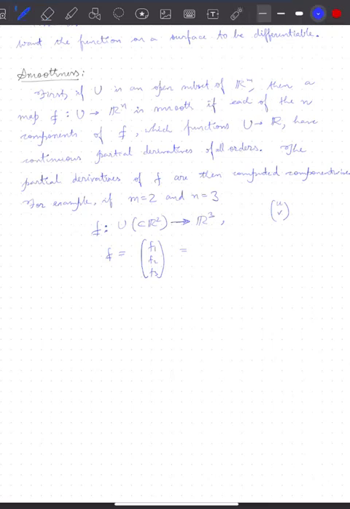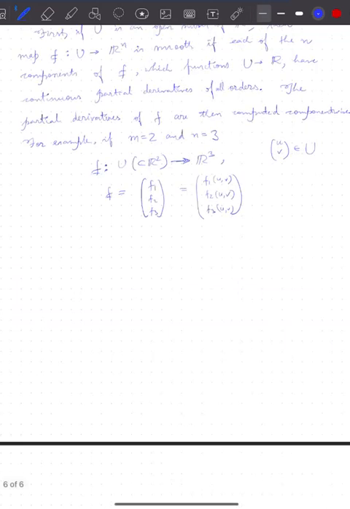An element (u, v) is a vector of size 2, which is an element of capital U. So f1 is a function of (u, v), f2 also a function of (u, v), f3 also a function of (u, v). And then we define the partial derivatives of f vector as follows.